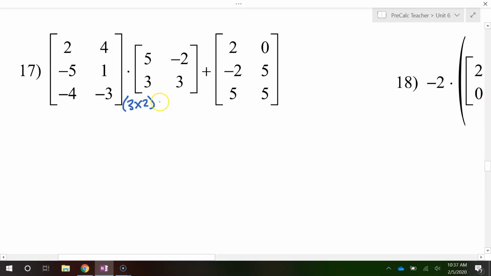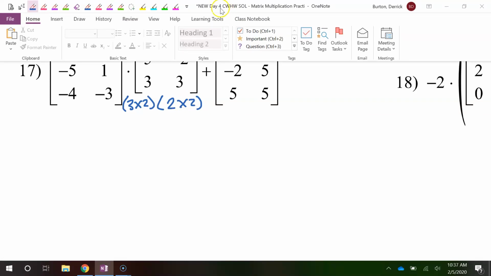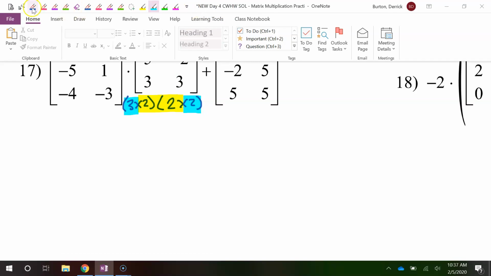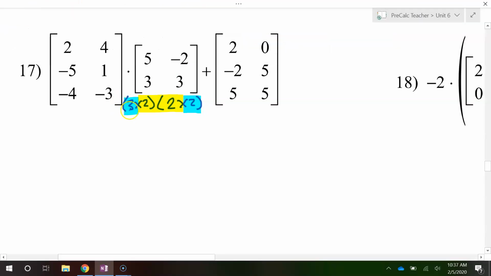The second matrix is a 2 by 2 matrix. For matrix multiplication to be defined, the inner dimensions have to be the same. So luckily, these are the same. The outer dimensions tell you the dimensions of the product. Okay, so that means when I multiply these two matrices together, I'm going to get a 3 by 2 matrix.